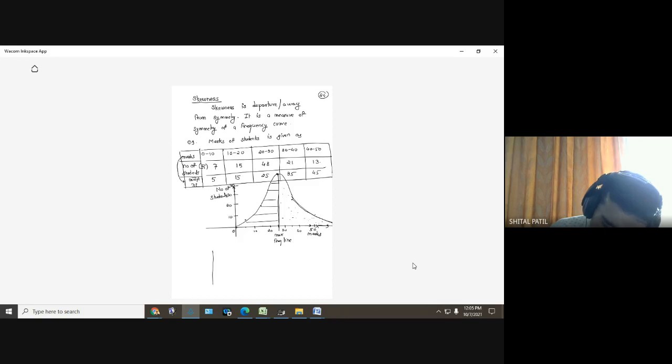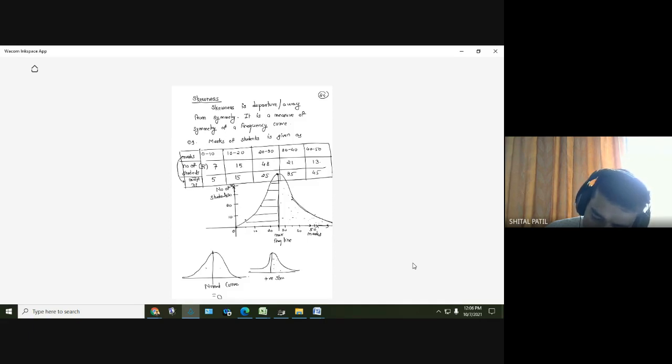Okay, this is known as symmetry. Say this is the maximum frequency line, and say the curve is exactly the same on both sides. This is known as a normal curve. So for this, the skewness is equal to 0. Then this is known as positively skewed, more area on the positive side.